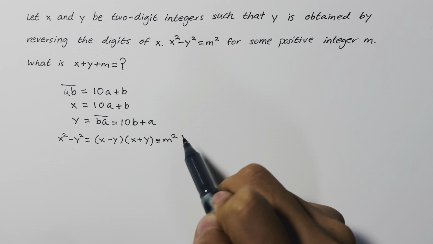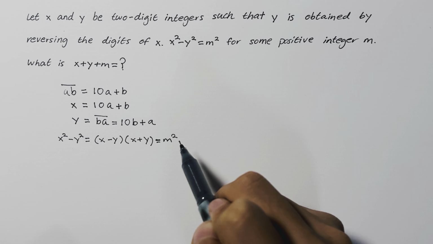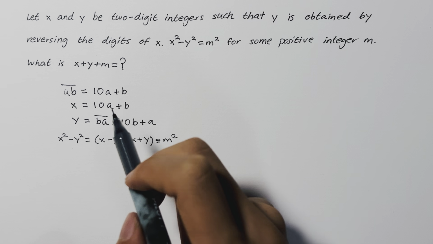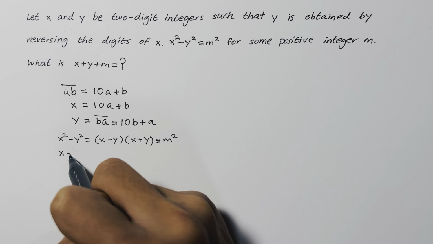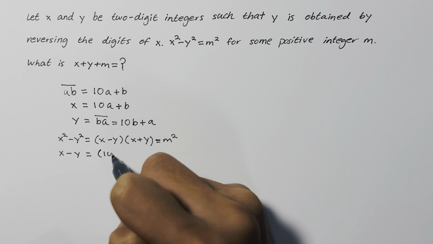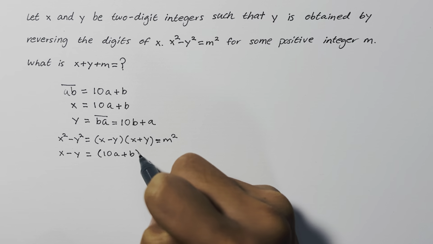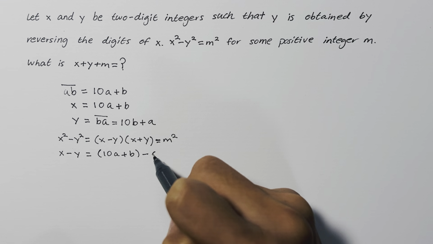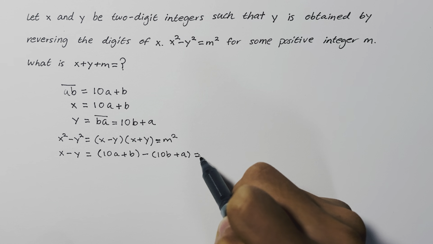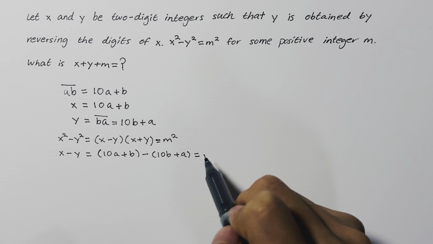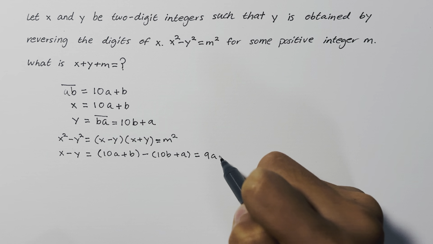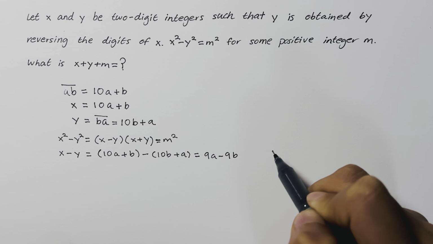Let's calculate the terms x minus y and x plus y using our definitions. First, x minus y. x minus y here is equal to 10A plus B minus 10B plus A, which equals 10A plus B minus 10B minus A. So this is equal to 9A minus 9B.